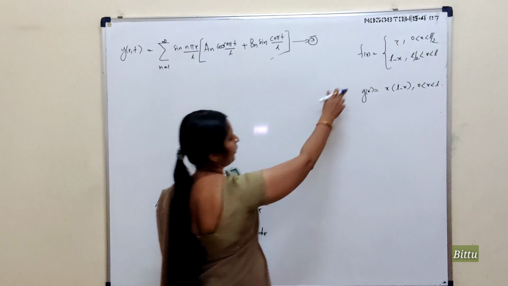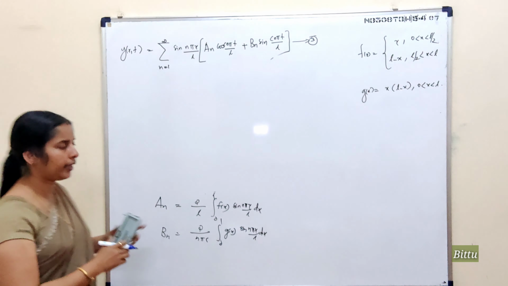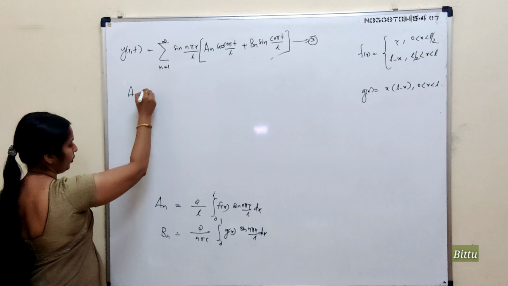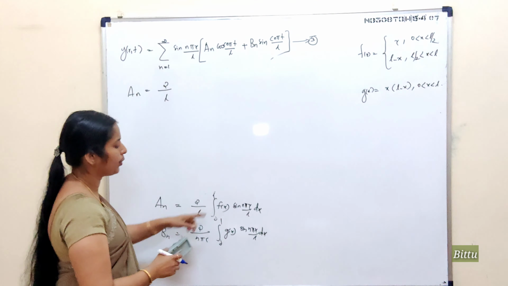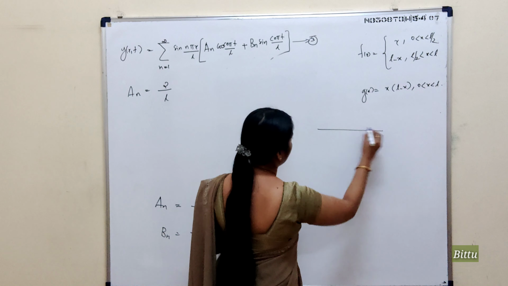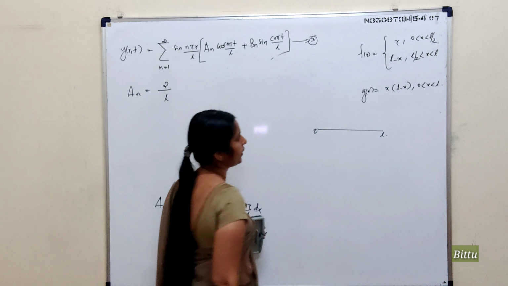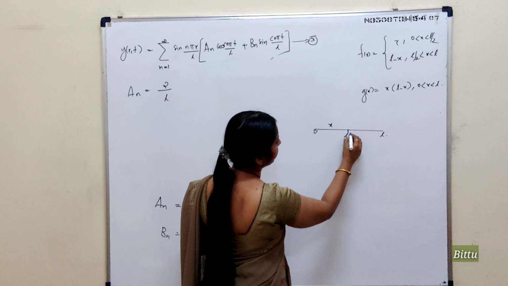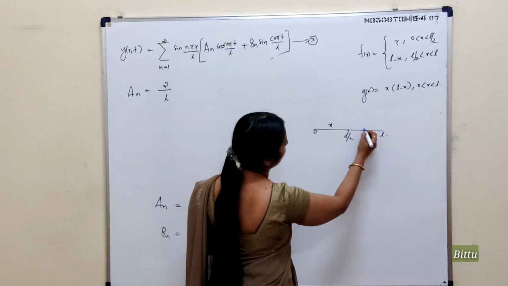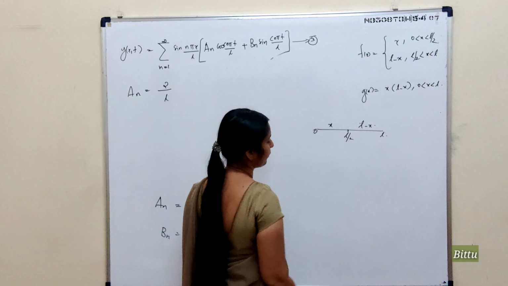f of x and g of x are given like this. We have to find an. So an is equal to 2 by L integral 0 to L f of x sin n pi x by L dx. We have to integrate from 0 to L, but f of x is given as x in the interval 0 to L by 2, and in the interval L by 2 to L it is L minus x.